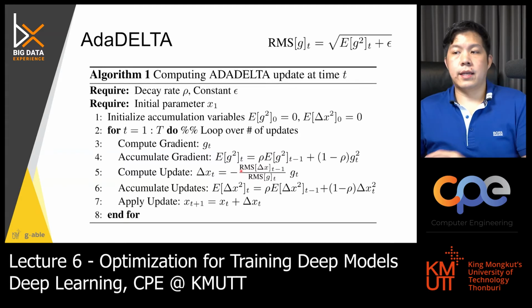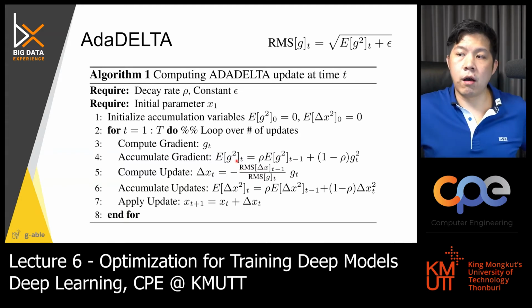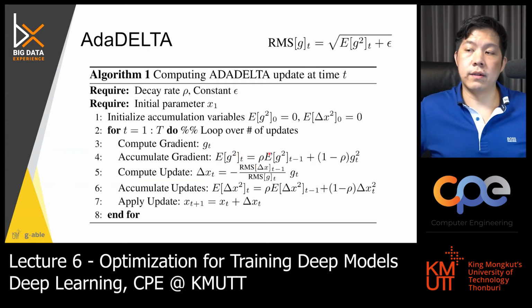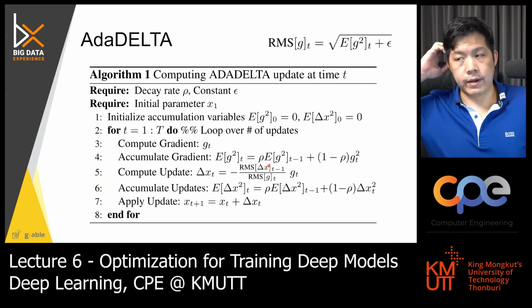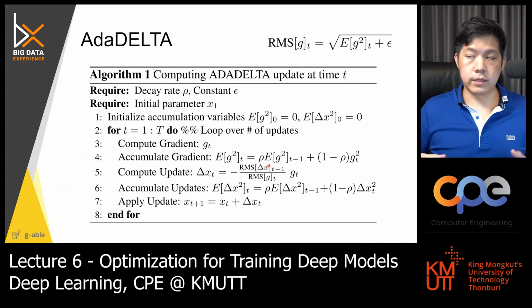Right? So it's just like the learning rate, and then this learning rate will change depending on the size of delta x and the size of the gradient. Usually at the beginning, the size of delta x will be large, so it will have larger gradient, and once it reaches closer to the target, it will be smaller.